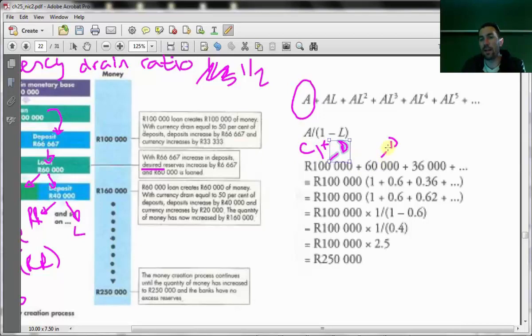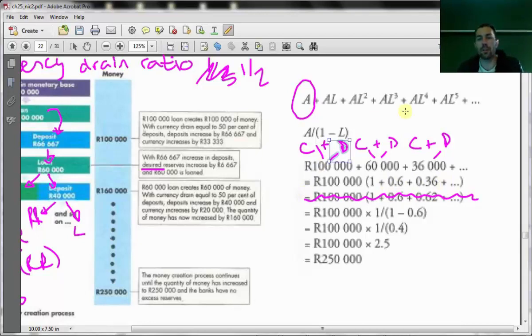Then we lent out another 60,000, which again became cash plus deposits. Then from that, we lent out another 36,000, which again became cash plus deposits. So each time the money supply is increasing: 100,000 plus 60% of 100,000 plus 60% of 60,000 plus 60% of 36,000. What we end up with is a geometric sequence which is 100,000 times 1 plus 0.6 plus 0.36. I have no idea what this line over here is trying to tell us, so let's just cross that out.